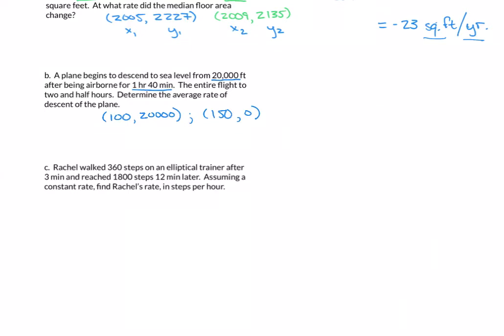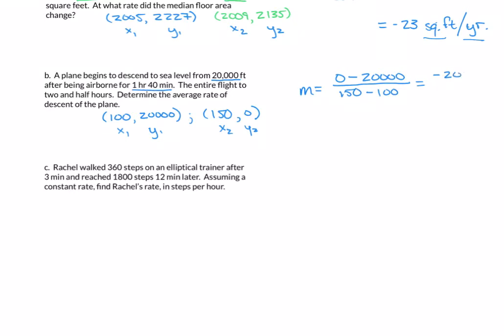Okay, so let's go ahead and plug into our slope formula. If we label our points, we have x1, y1, x2, y2. And if we plug in, we get m equals 0 minus 20,000 over 150 minus 100.